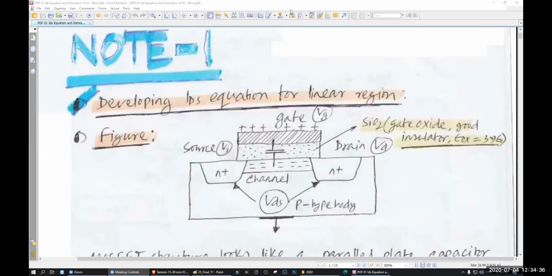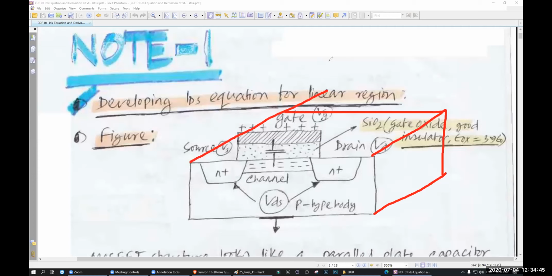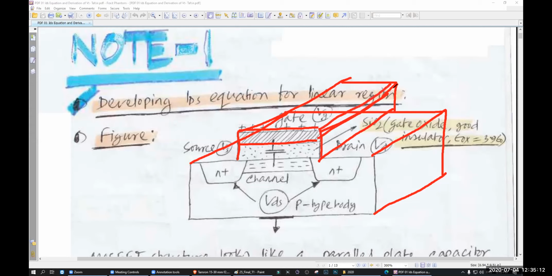Width is a three-dimensional thing, not a two-dimensional thing.